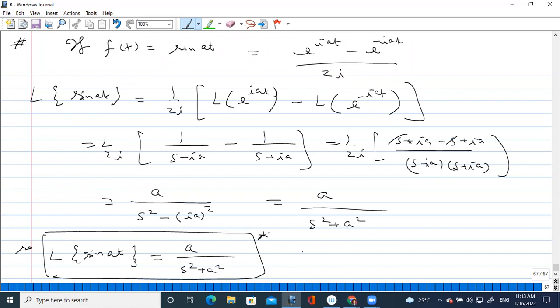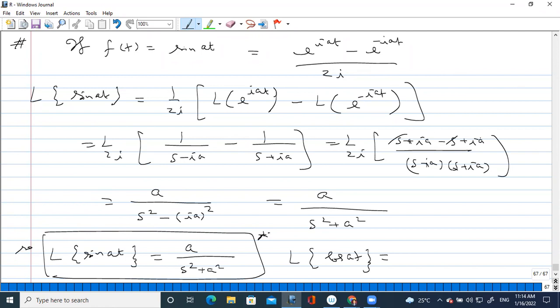Okay. Similarly, you can do for cos. So this is your homework for cos(at). Now see here, for cos(at), this will be plus and i will not be there. So once you do this, due to this plus, it will be s plus ia plus s minus ia.